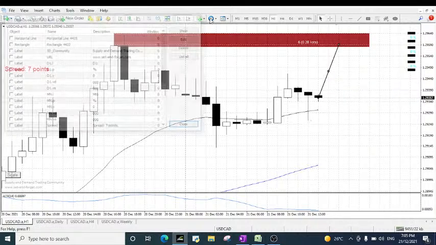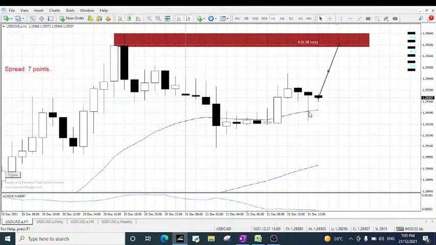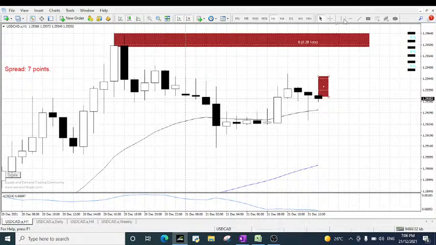We have this candle now that shows that buyers are stepping in. So if we get a bullish candle like this, if this candle closes bullish like this, then we go long.